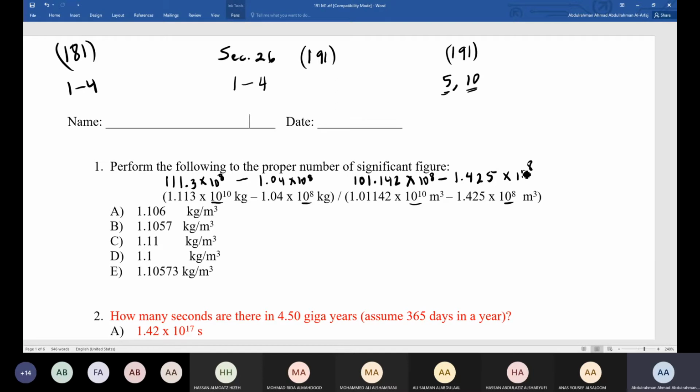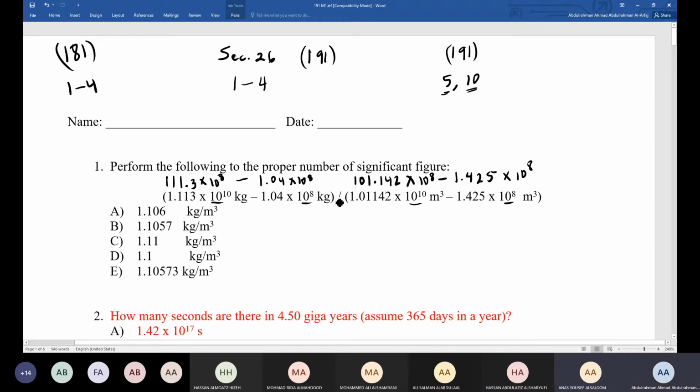What should you do now? Just add these numbers and divide by that number and get a number, and then we'll discuss how to make the significant figures. The first one is 1.102 times 10 to the power 10.